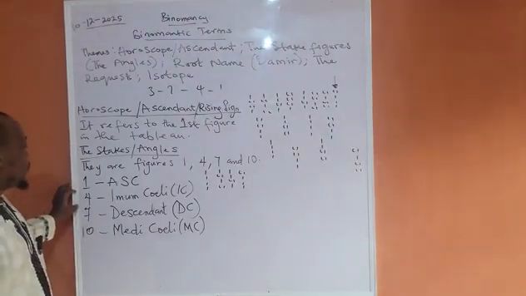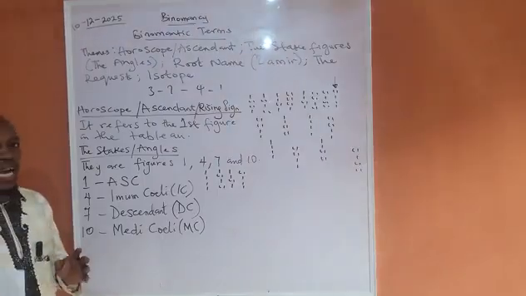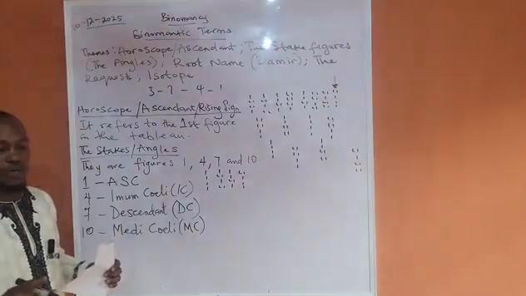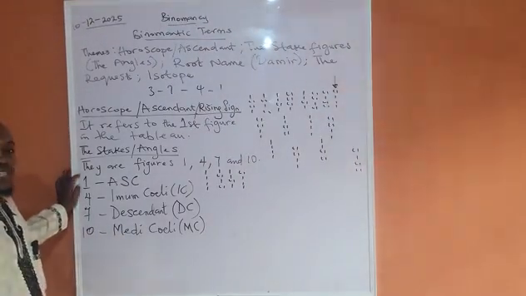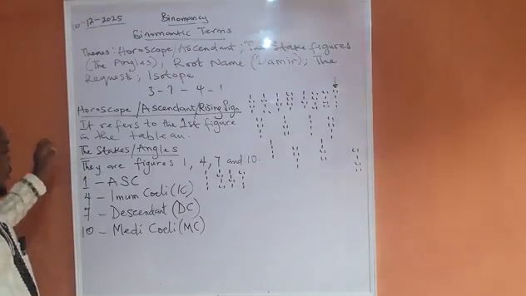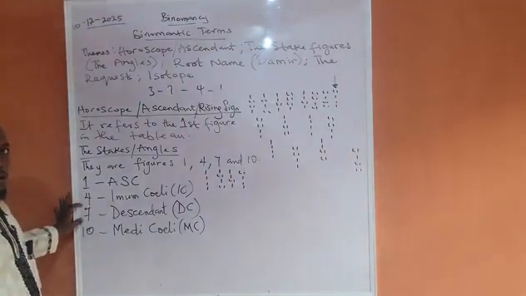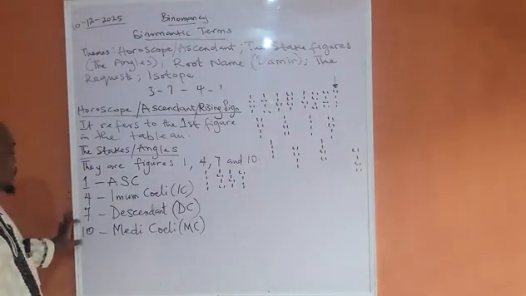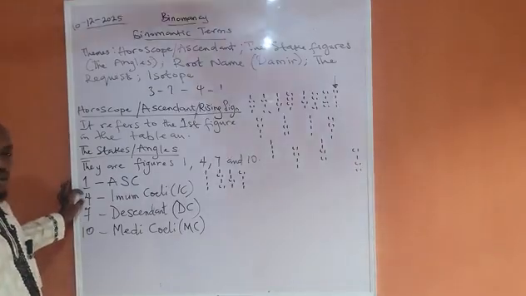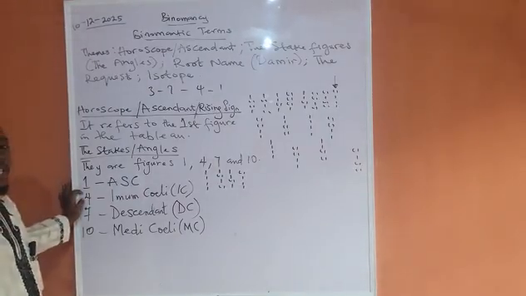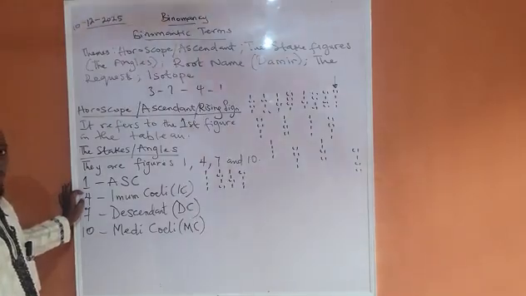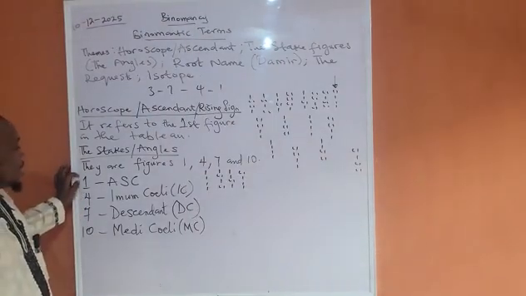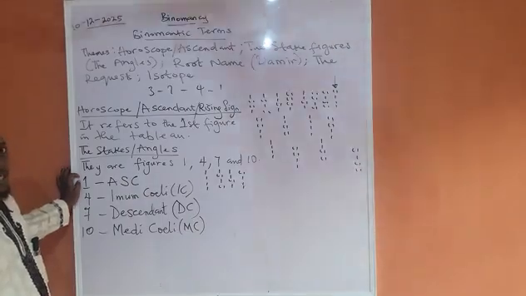Figure 1, figure 4, figure 7, figure 10. But if we were to arrange them in order of their importance, figure 1 is the most important, followed by figure 7, followed by figure 10, and figure 4. So figure 4 is the least important out of all of them. But figure 1 is very important.